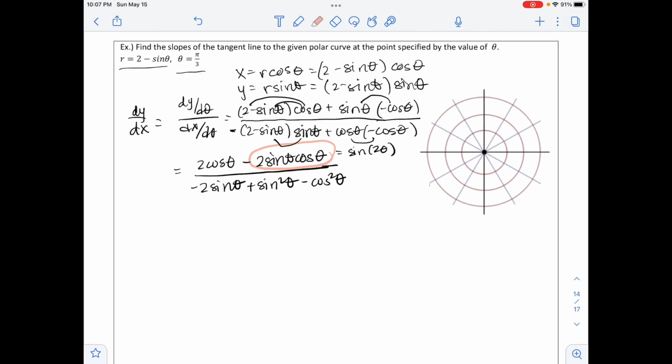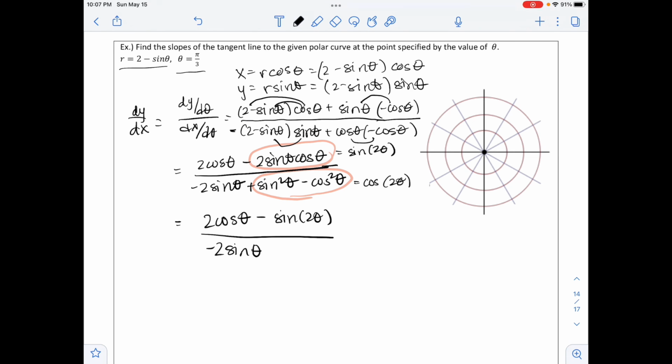And then in the denominator, we have sine squared theta minus cosine squared theta, which is going to be equal to cosine of 2 theta. And so this works out to being 2 cosine theta minus sine of 2 theta all over negative 2 sine theta plus cosine of 2 theta.